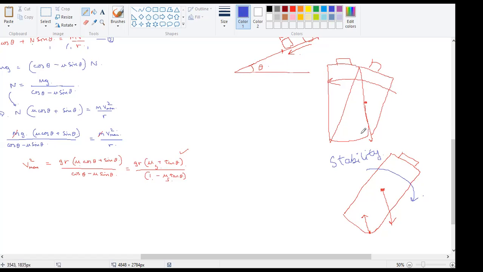Whereas here, what happened was when the center of gravity is acting inside this corner, inside the base, then you see this force normal reaction is acting this way.